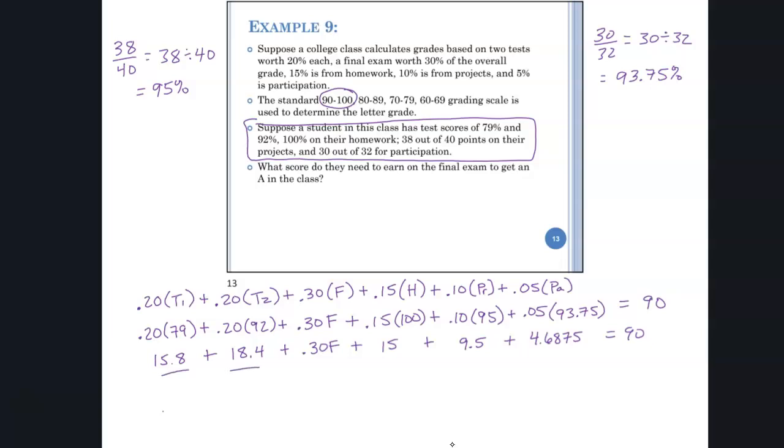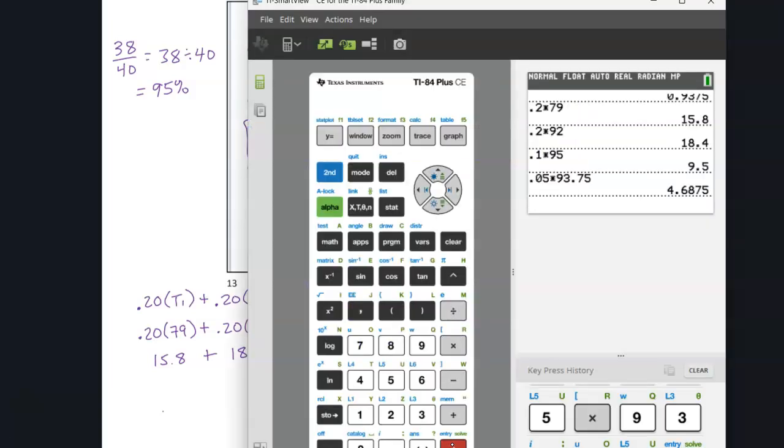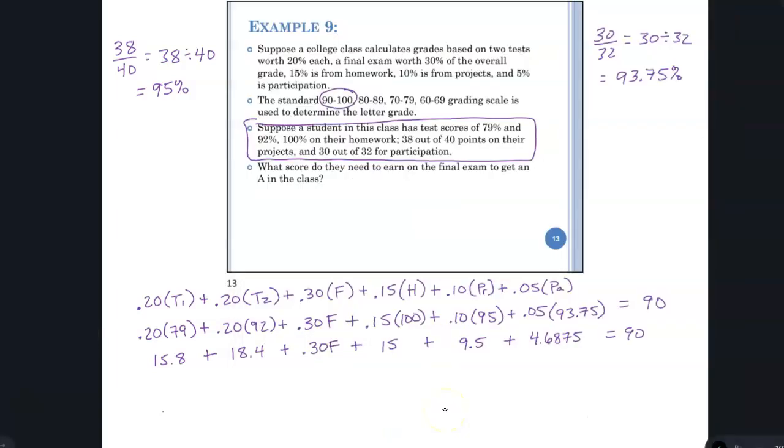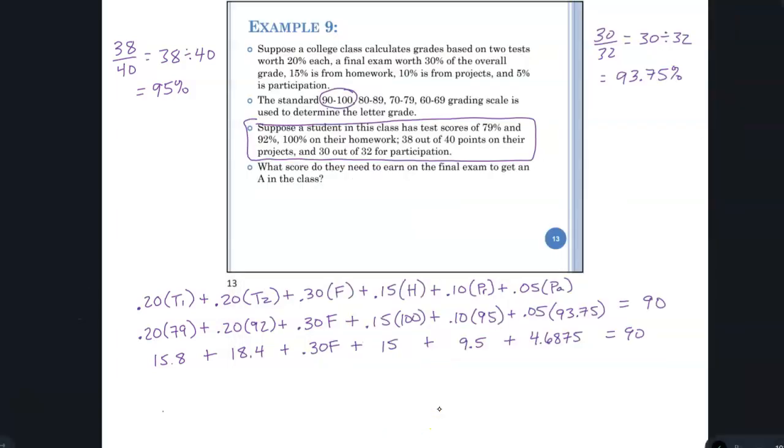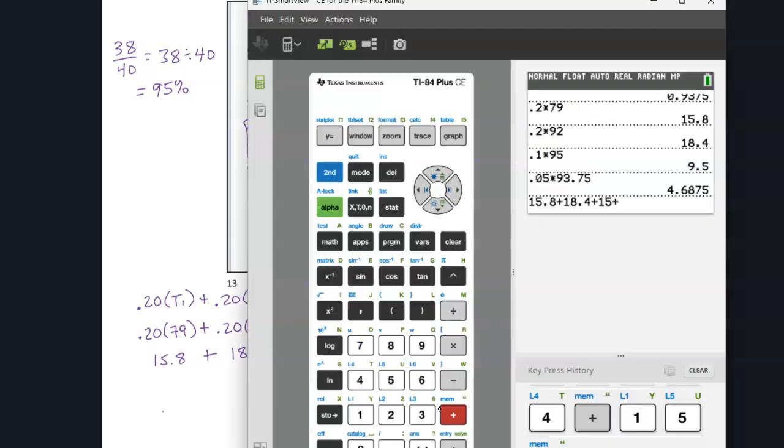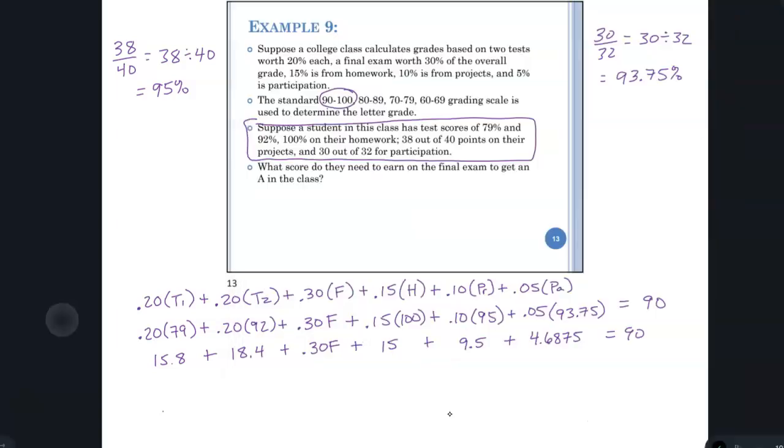And then at this point, all of these except for this one are like terms. So I could go ahead and combine those just by adding those terms together. So I'm going to add here 15.8 plus 18.4 plus 15 plus 9.5 plus 4.6875.